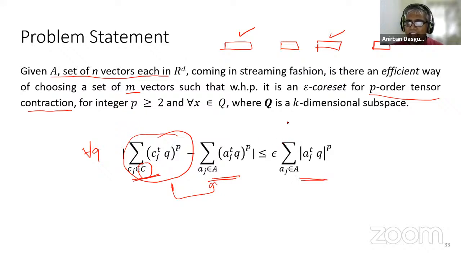And I want to guarantee this for all possible queries that lie in some k-dimensional subspace, because I'm interested in calculating only a rank k factorization. For some fixed k-dimensional subspace, I want to be able to say that calculating the tensor contraction with respect to the coreset is equivalent to calculating the tensor contraction with respect to the full data.